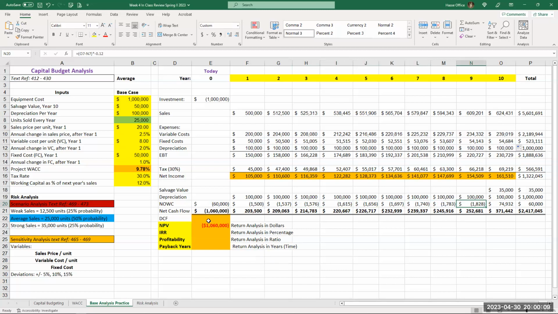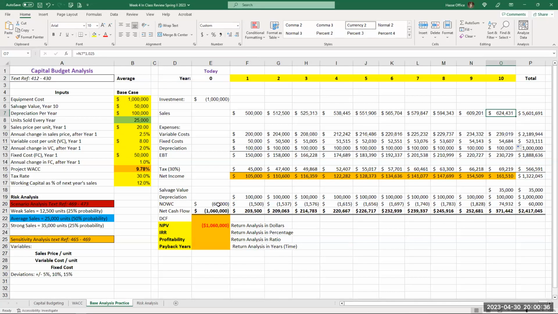And notice at the end of year 9, we've accumulated $74,932 of negative cash flow to cover working capital. Then in year 10, there's no year 11 to determine a new working capital base. The project, financially speaking, is over.